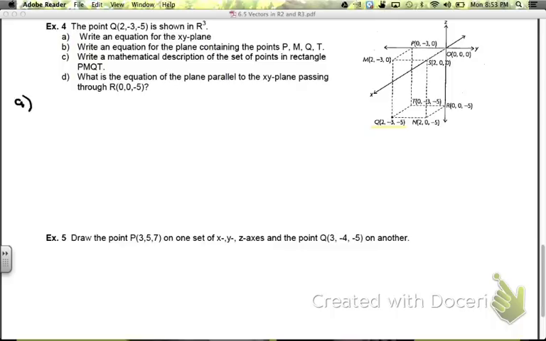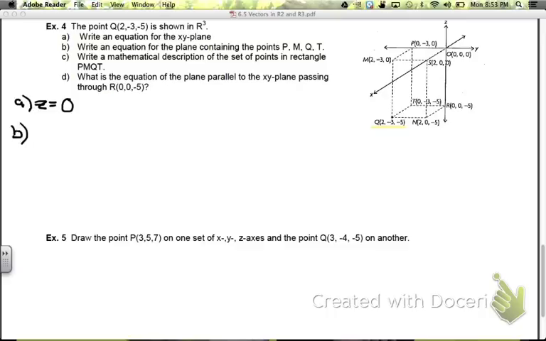When we're talking about the xy plane, since x and y are any real number, we know that z will be equal to 0. This happens anytime we're talking about an equation for our xy plane: if x and y are any real numbers, z will just be equal to 0.